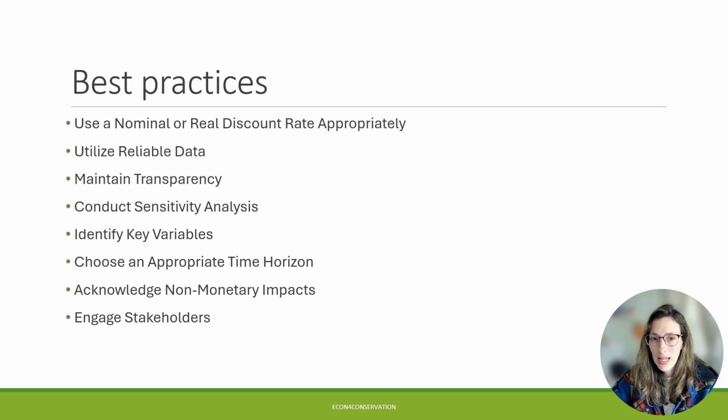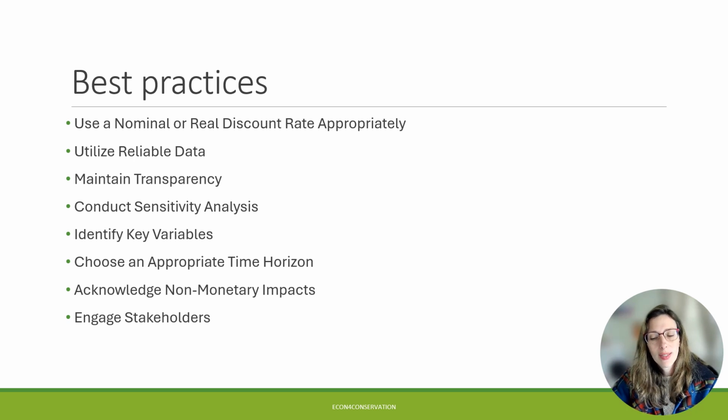Conduct sensitivity analysis. Test the robustness of your analysis by varying key assumptions and inputs and seeing how the results change. Identify key variables, determine which variables have the most significant impact on the results when doing the sensitivity analysis, for example.